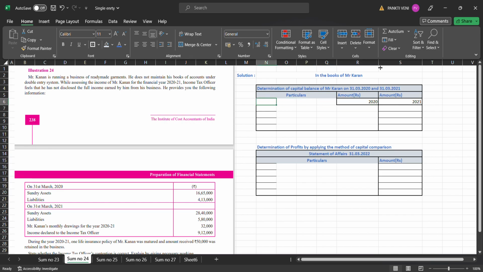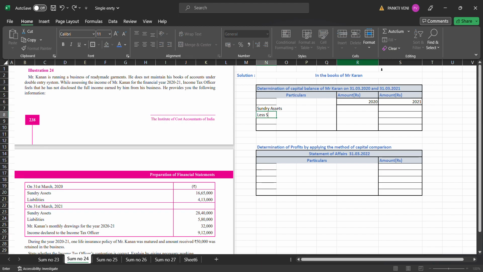Now we have next one. Next one is assets. So what is assets? Assets is nothing but asset total, sundry assets. Sundry means list of assets, list of small items, sundry assets.